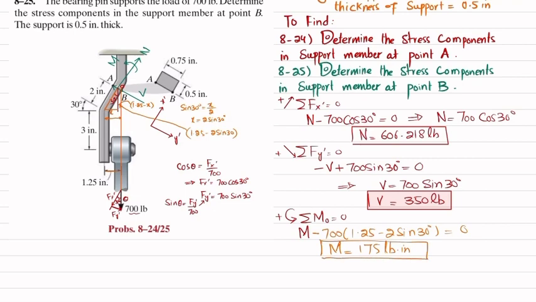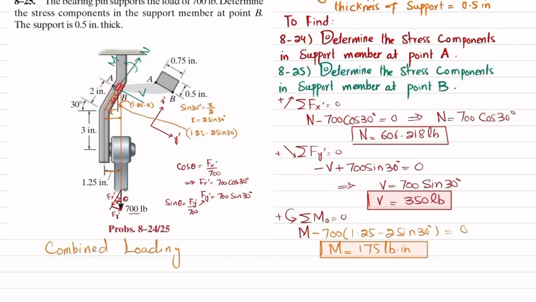Now you have this moment, and this is a case of combined loading. Combined loading. How? Let me tell you this. You can see you have an axial force N, and you will have a moment that is also producing bending stress.